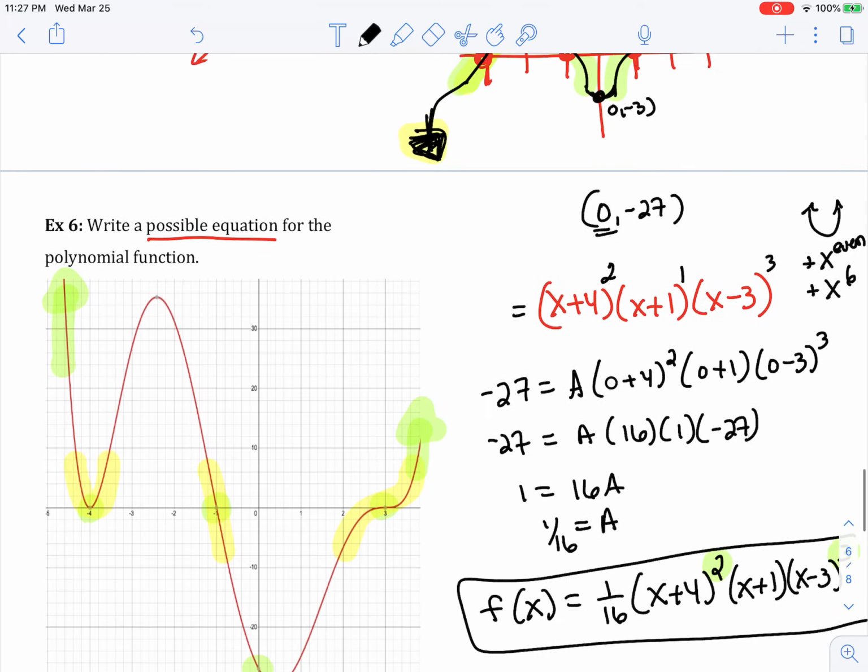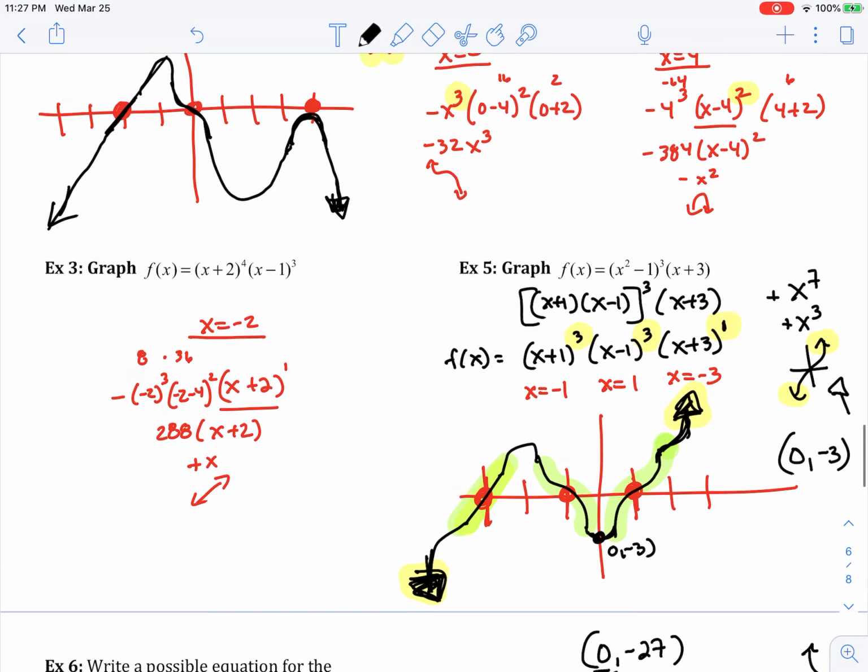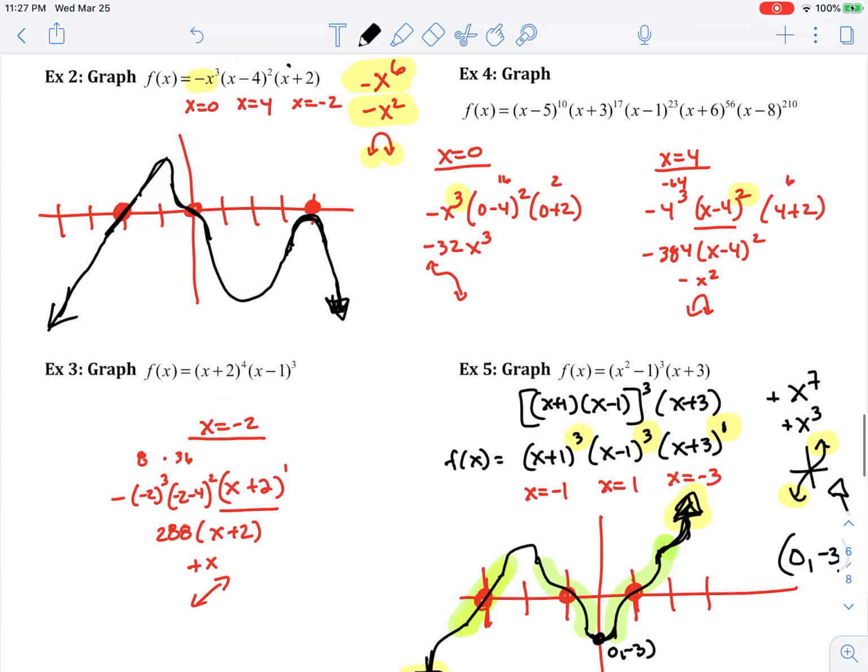So I am going to leave numbers 3 and 4 for you guys to do. On 3, when you go to graph, try graphing and finding exact equations for your behaviors as we did in example 2.